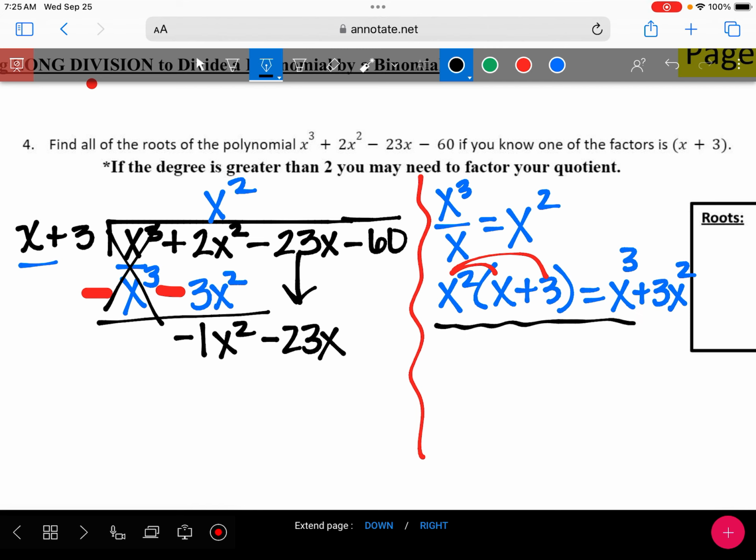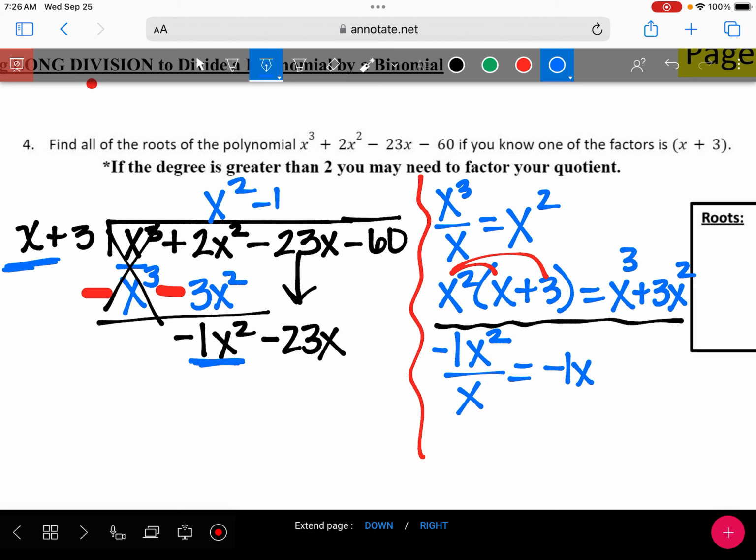And we're going to repeat it again, off to the kitchen. This is my new first term. Now I'm going to divide this by this. So off to the side, divide negative 1x squared by x. And you should get negative 1x.